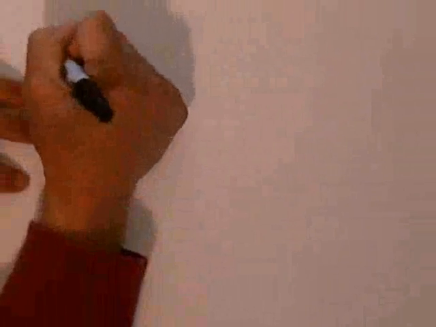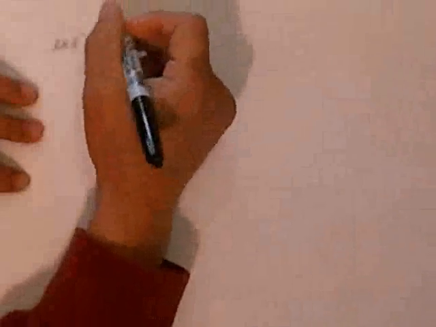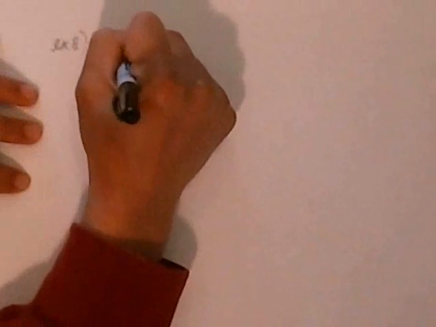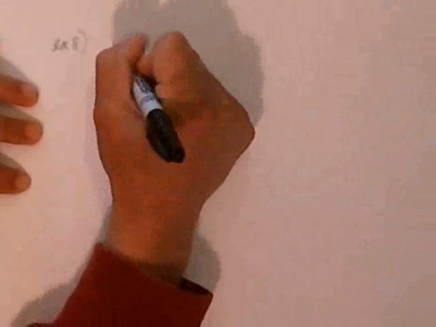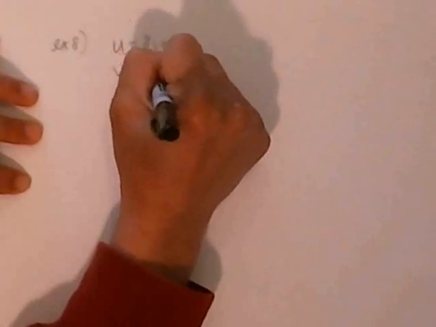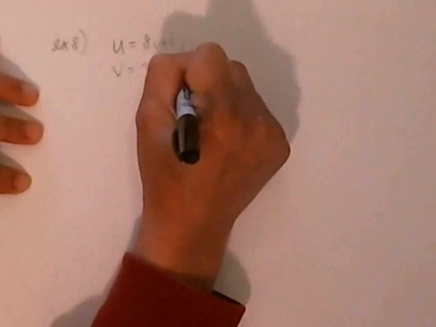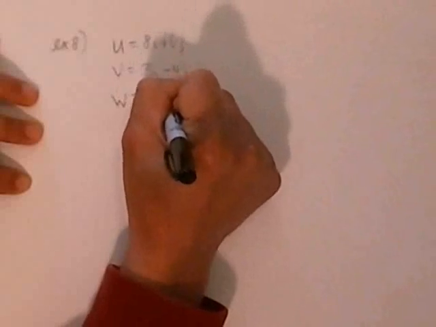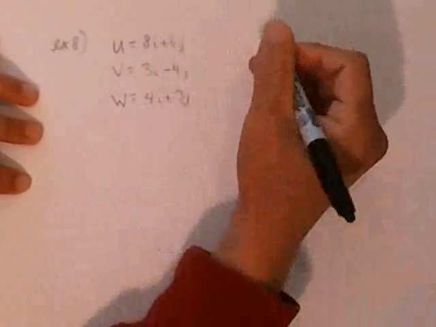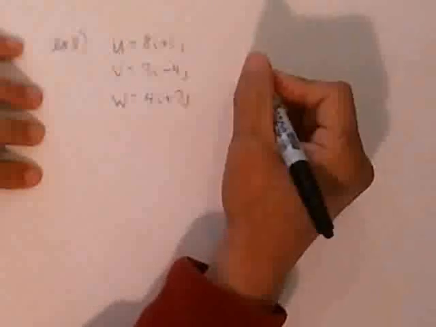Example number 8, last page. We'll try to figure this out. Part 1, here's a vector u equals 8i plus 6j. Vector v is equal to 3i minus 4j. And vector w is equal to 4i plus 3j. And we want to see which ones are perpendicular.